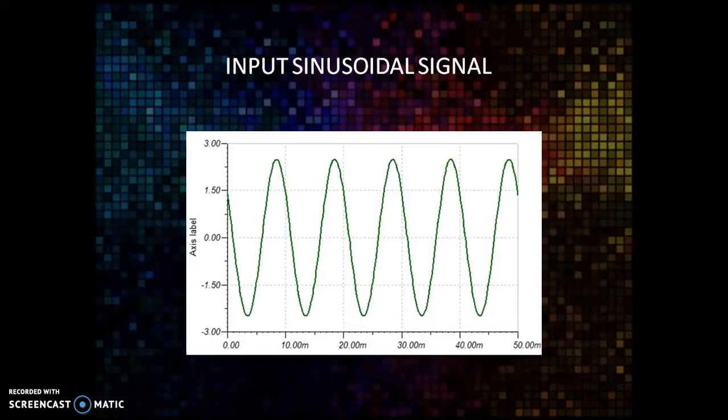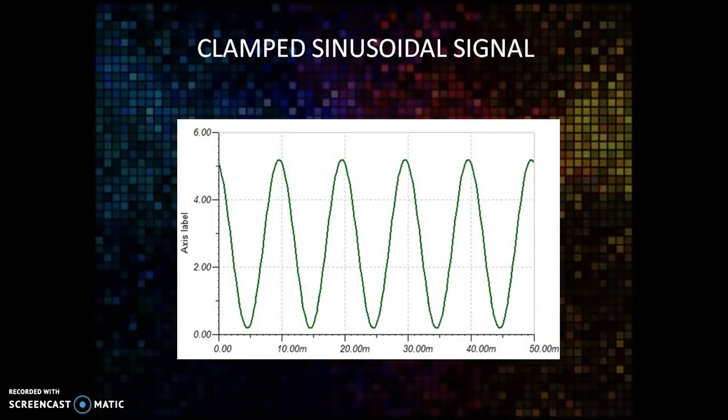Initially, this is the sinusoidal signal which we are using, but we have a symmetry in this because the positive and negative parts are there, and therefore we had to clamp the signal in order to utilize the maximum PWM signal. So this is the clamped version of the sinusoidal signal which is given to the inverting terminal of the op amp.